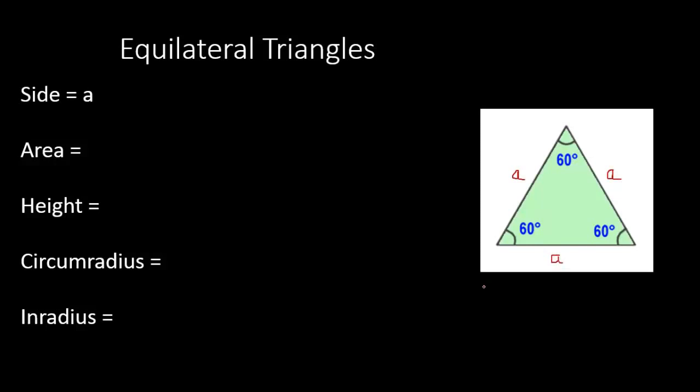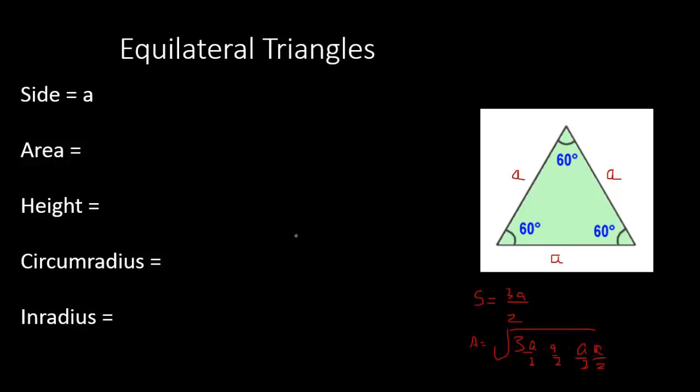Now if you remember Heron's formula, where the semi-perimeter was the sum of all 3 sides divided by 2, and then when you put that in terms of area, you get the square root of s times (s minus a), which will be again a by 2, times (s minus b) times (s minus c).